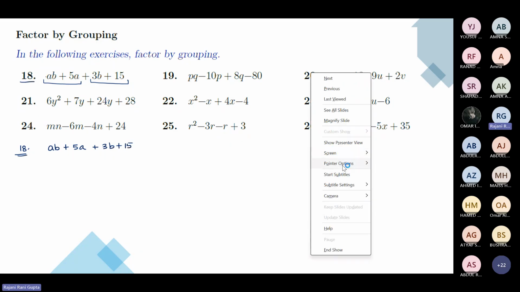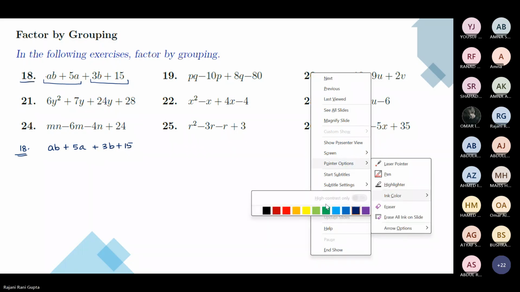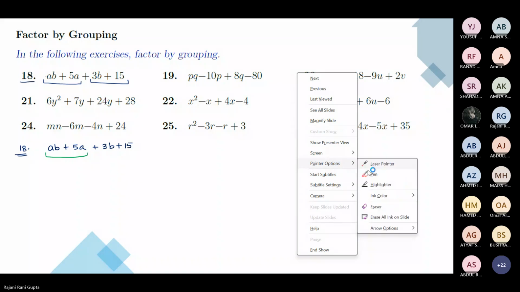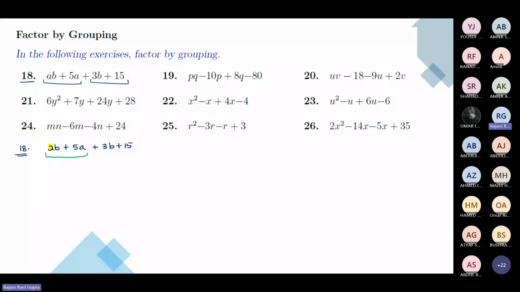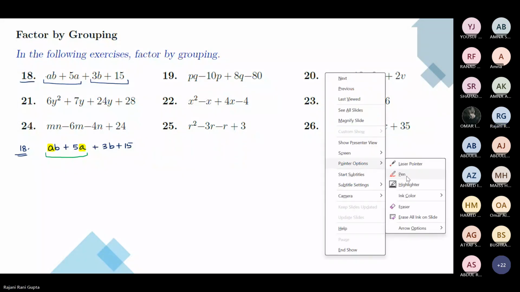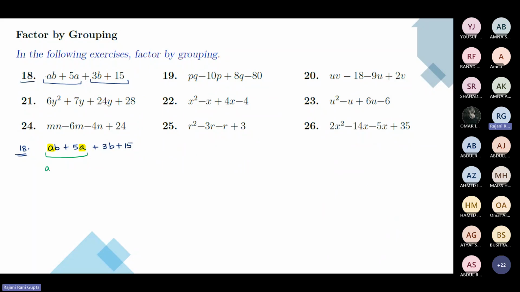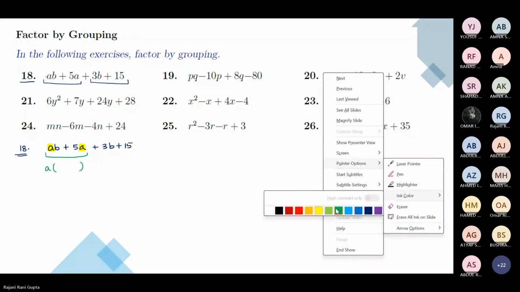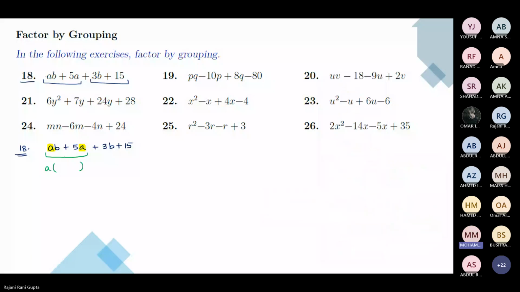Okay, so now look at it. a, b, if we look at these two terms, what do you think is the same? a and a, correct? So we write a outside. So what are we left with in the first term? Tell me. b plus 5. Yes, correct. Good.